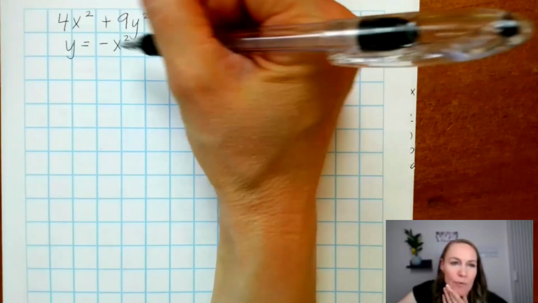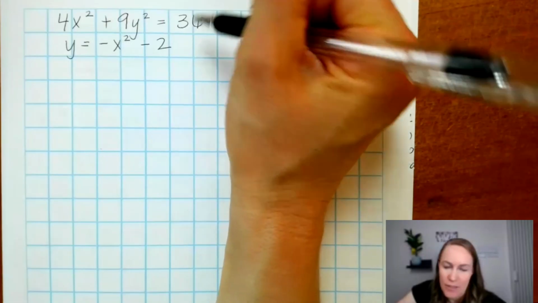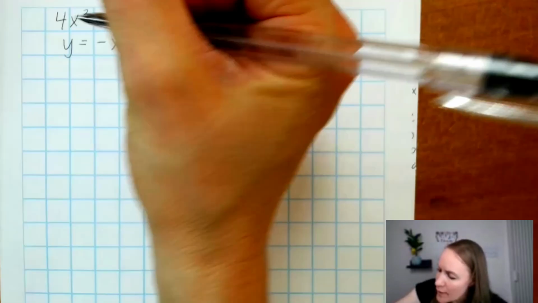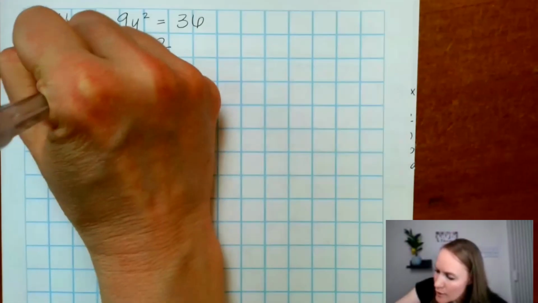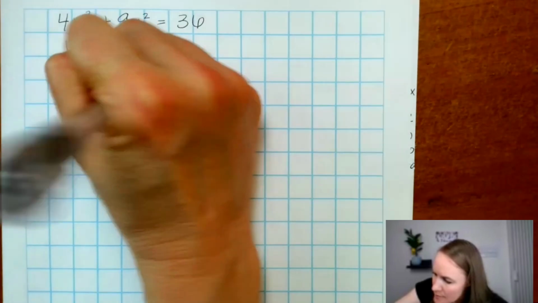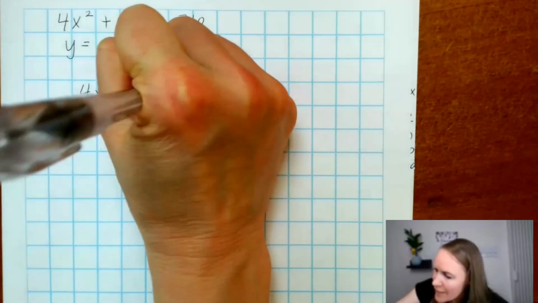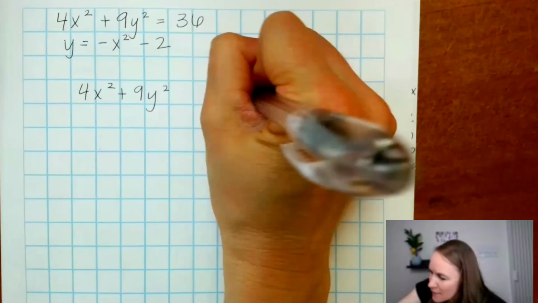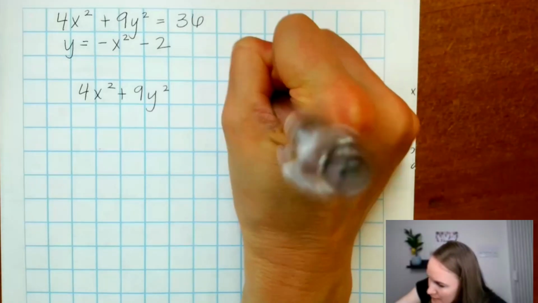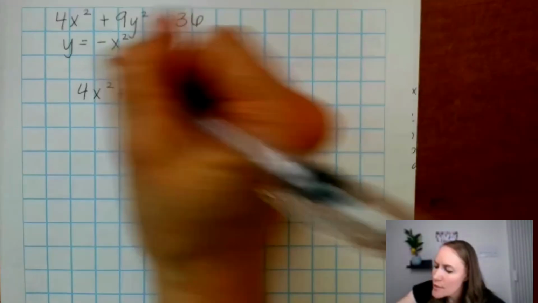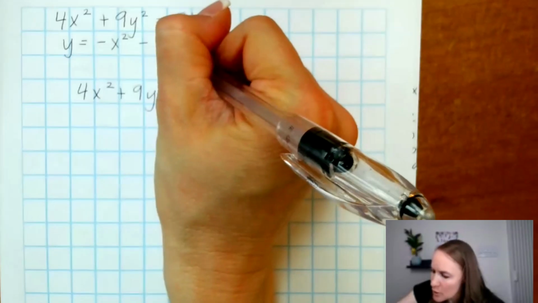So I'm just going to rearrange these equations a little bit. So the first one I'm going to write 4x squared plus 9y squared. And then let's leave a blank and then write an equals 36. Okay, let's rewrite this one similarly.